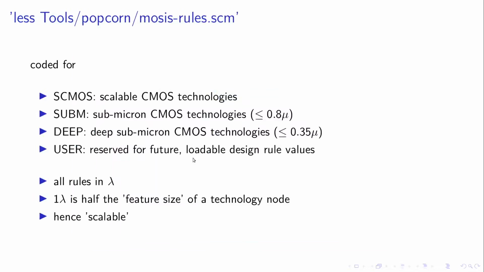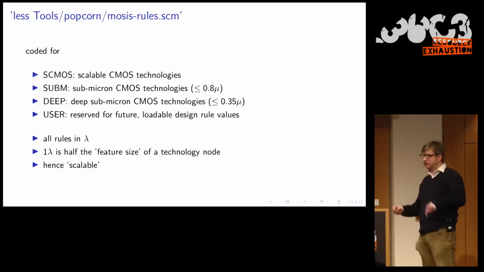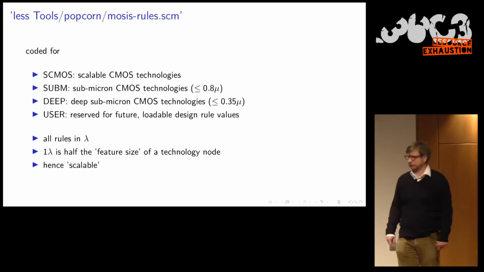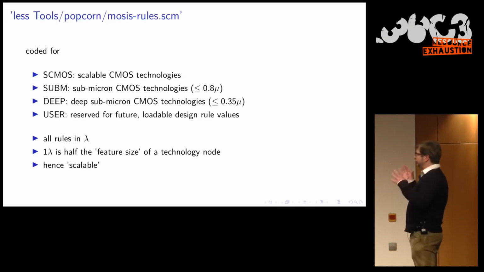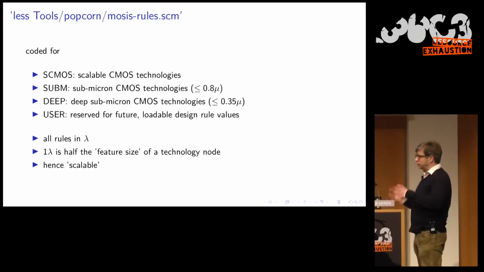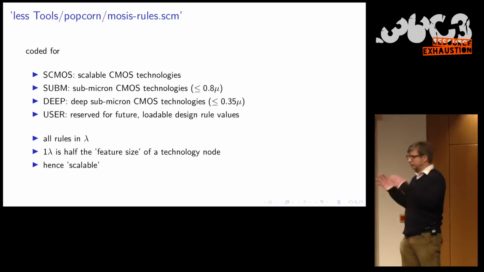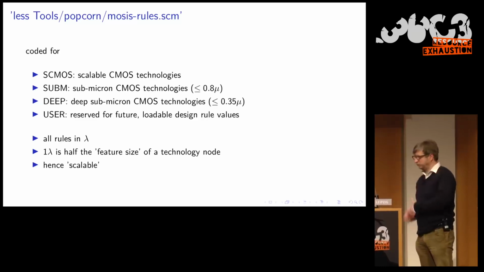So these rules are all lambda defined. That's an important point. Lambda means half of the feature size. So if somebody says we have a 1 micron technology, then lambda is half of it. And all the rules are given based on this value.